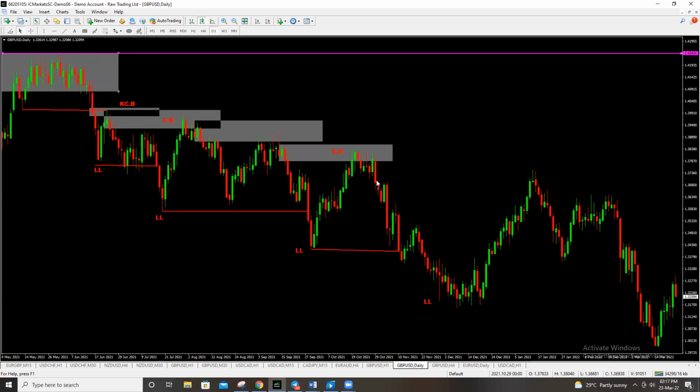Now we have another block here. Every time a block is formed, make sure that you just highlight it. We have another strong engulf block. This here from the green candlestick and the red. You can see the red has completely covered the body of the green candlestick. So we have an engulf. What will we be expecting? We expect that the market at some point must trade back.